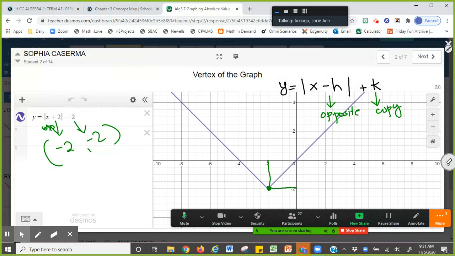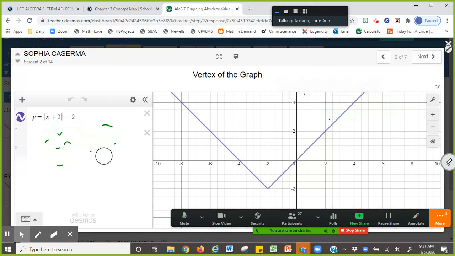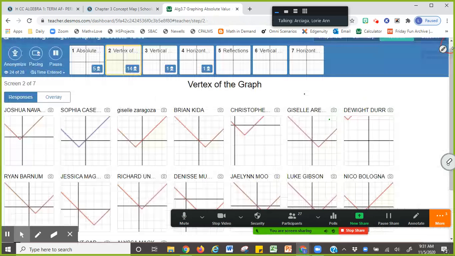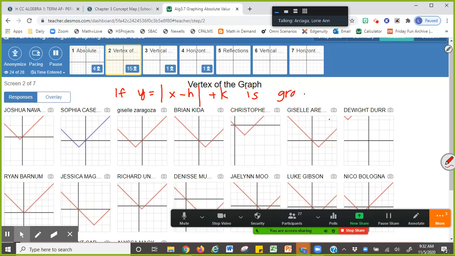So on your notebook, can you copy this down? Let me close out this one. Yeah. So on your notebook, copy what I'm going to write. If y is equal to absolute value of x minus h plus k is graphed, copy this down on your notebook.